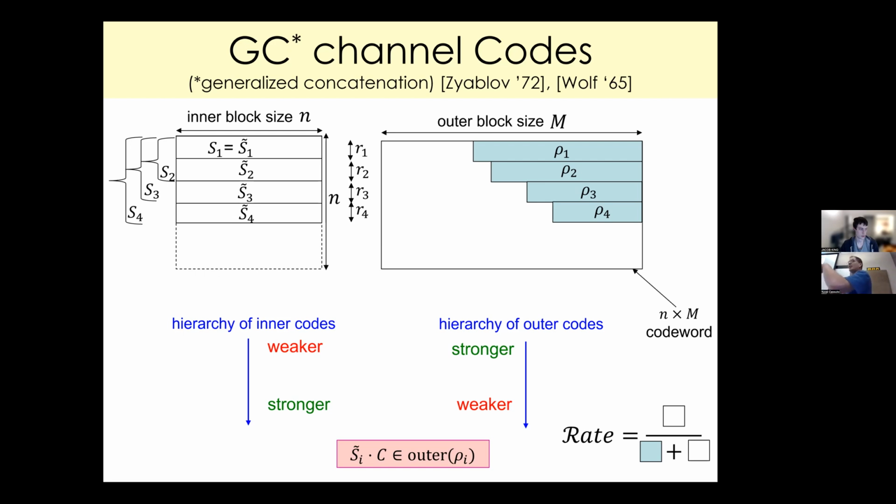So if the product between the inner and the outer distances is more or less constant, then we get a code with good minimum distance. But this is a very powerful scheme. It's good for other things, not just getting high minimum distance. And one use, we'll see today.